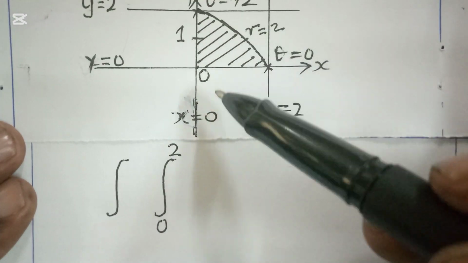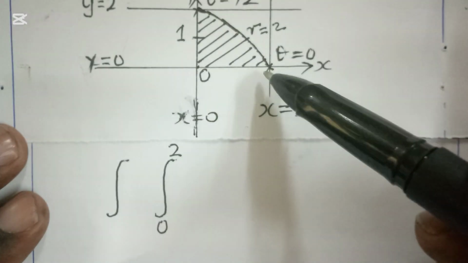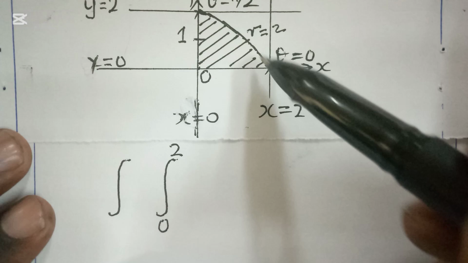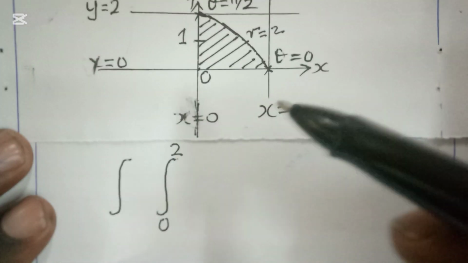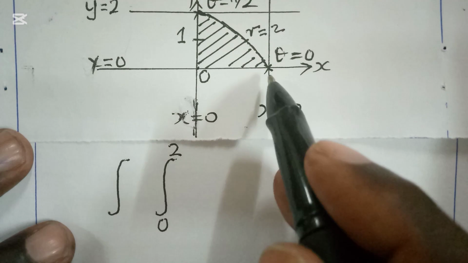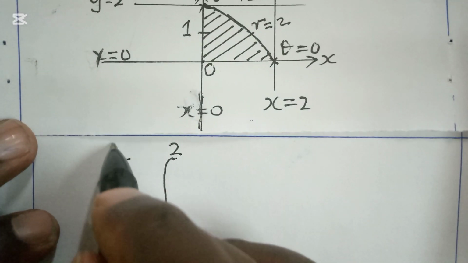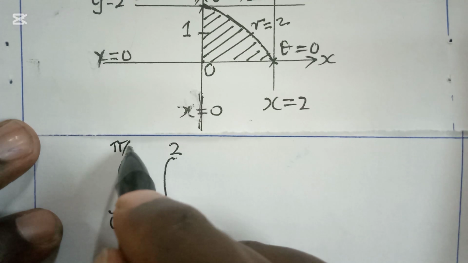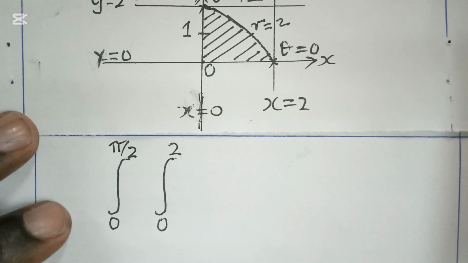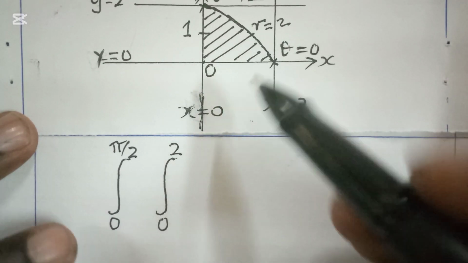So it's not that the area we are looking for is this area. No, we are looking for an area within that domain. And so it will run from 0 degrees to pi over 2, like that. Again I say that this is just the domain, and the area is within that domain.